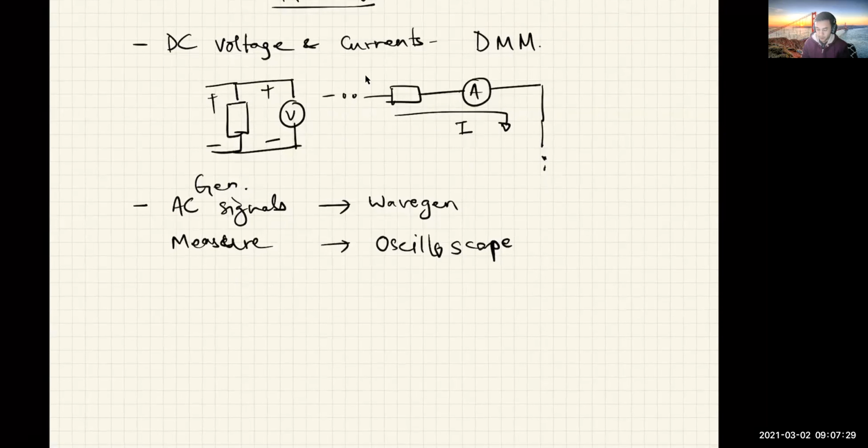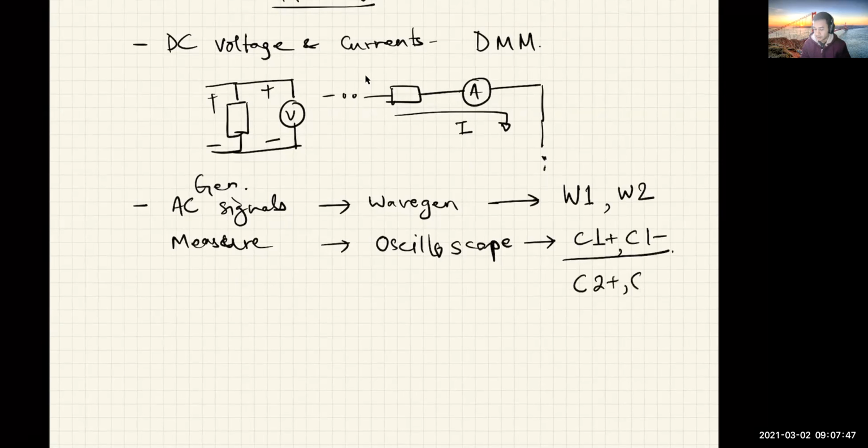And on an AD2, these wavegen pins correspond to pins W1 and W2, and the oscilloscope pins correspond to channel 1 plus and channel 1 minus, making one set of channel, and channel 2 plus and channel 2 minus. Okay.